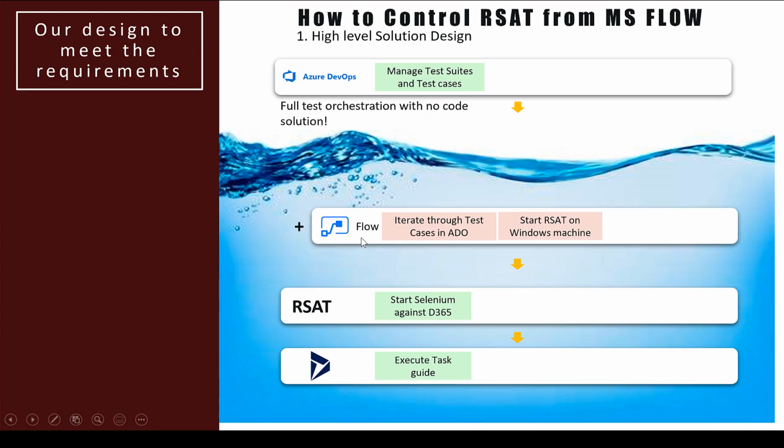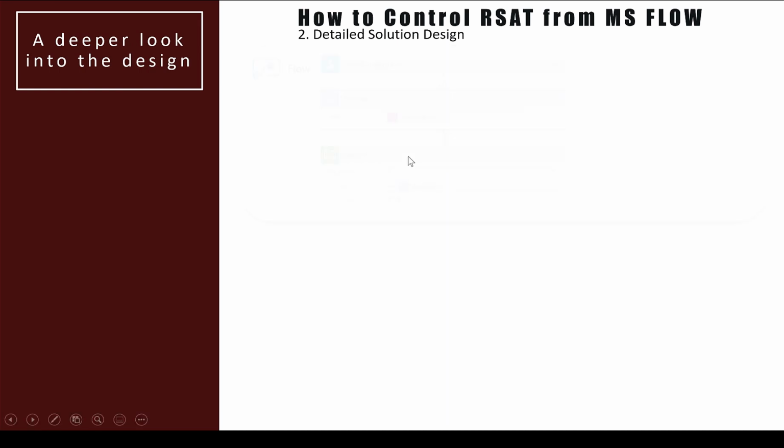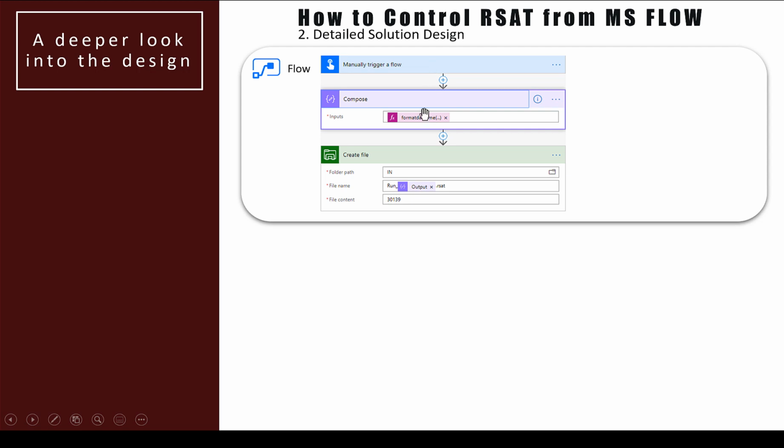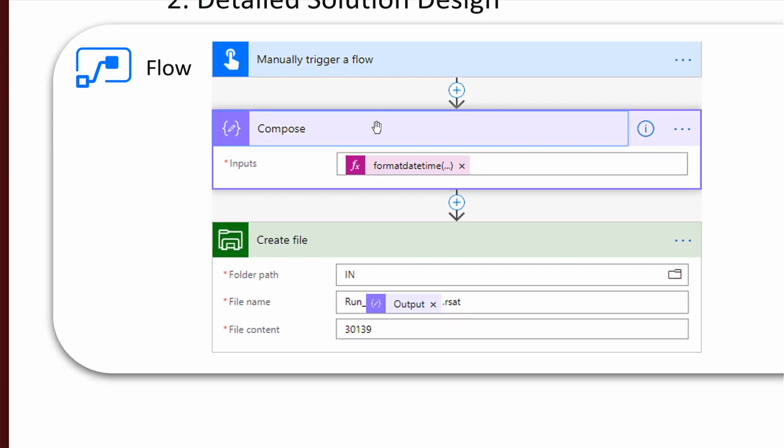So we would like to put Flow in the middle, so the RSAT execution is happening in the background. So how are we going to achieve that? In the first place, we're going to set up a flow as per this design, where we're actually composing a file name.